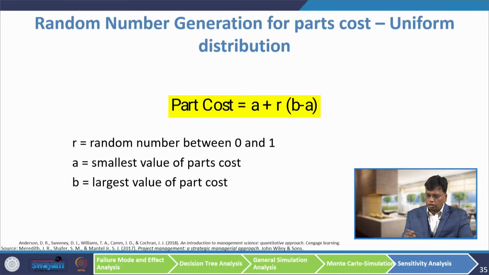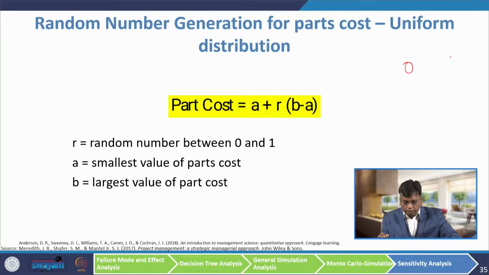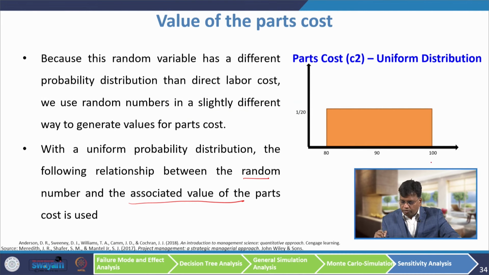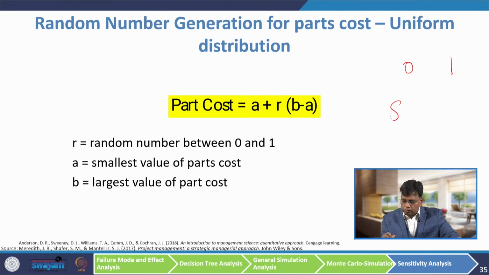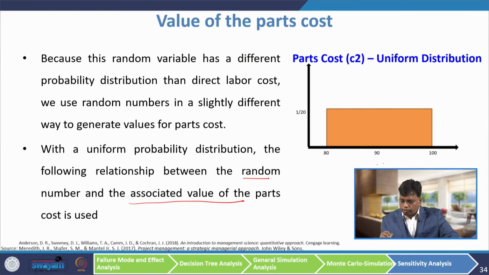What we do? Suppose you generate a random number from the table, many times it will be 0 to 1, but we want a random number between 80 and 100, okay, because it has come from this table.